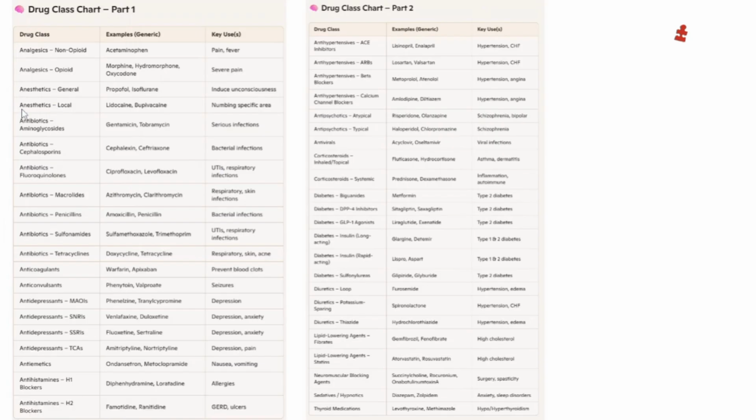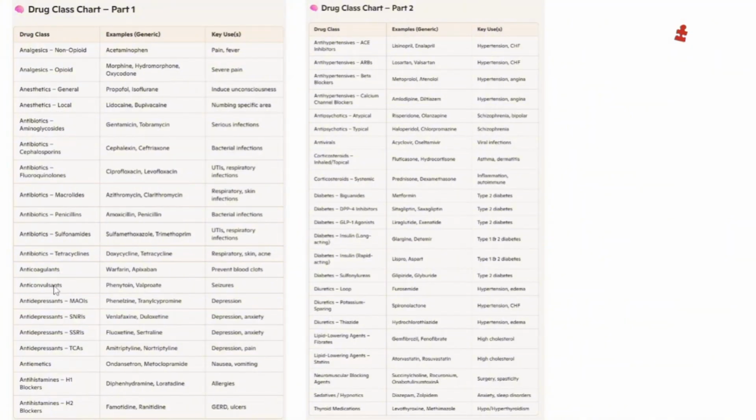You have your analgesics. This is for pain. Excuse me. Yeah, it's pain. You have your anesthetics too. That's for pain as well. You have your antibiotics, and they break them out. You have your anticoagulants, and they pretty much prevent blood clots.